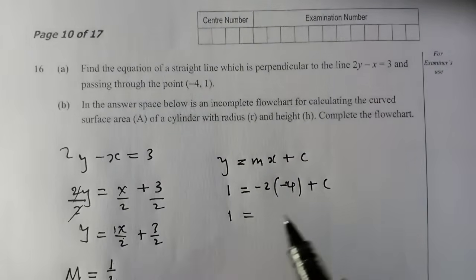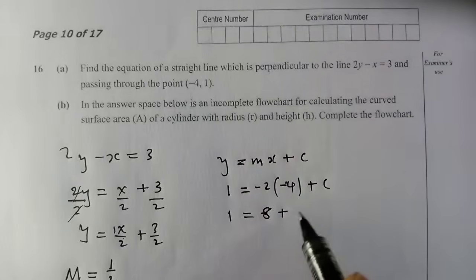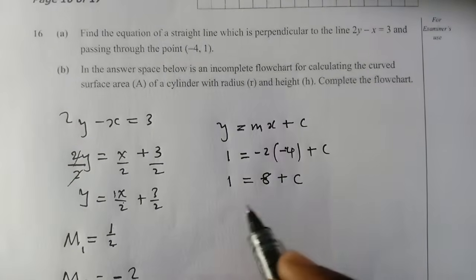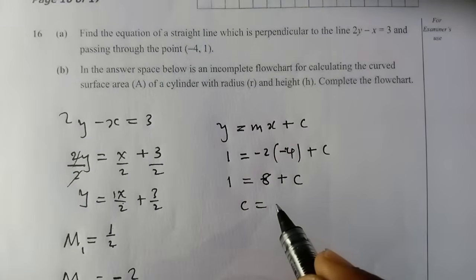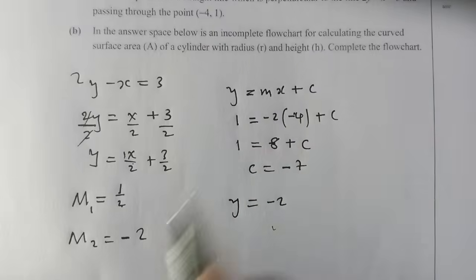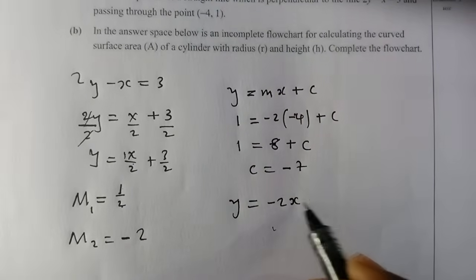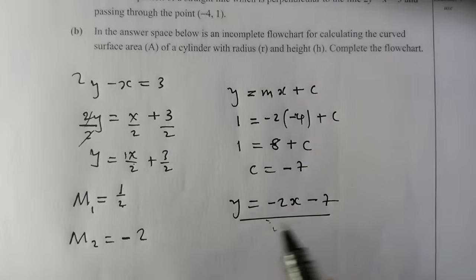So we can solve for c. We have positive 8 plus c. Group the like terms, and you find that c is equal to negative 7. So we can now put them back. Here we put negative 2, here we have x minus 7. This is our solution.